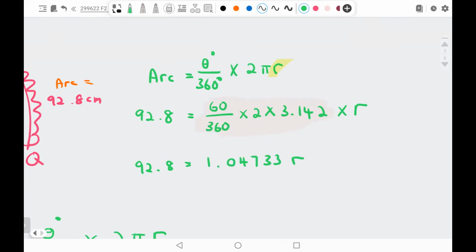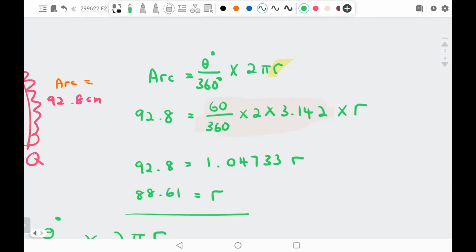Then last, to find the radius, 92.8 divided by the answer. So you will get the radius is 88.61. We round off. Radius equal to 88.61. Until here, can you get it? Any questions?